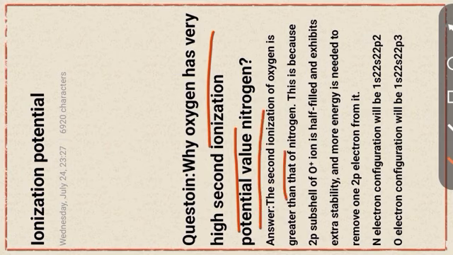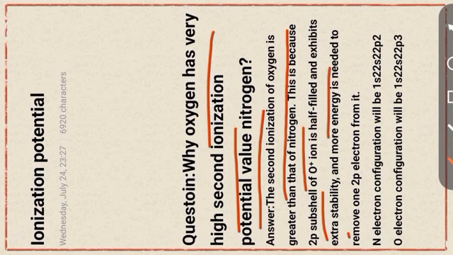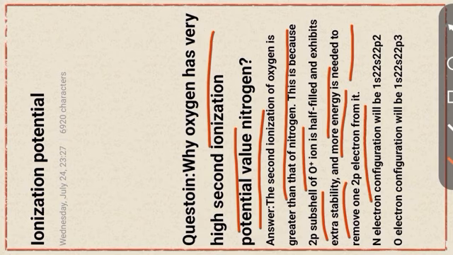The second ionization energy of oxygen is greater than that of nitrogen because the 2p subshell of the O+ ion is half filled and exhibits extra stability, and more energy is needed to remove one 2p electron from it.